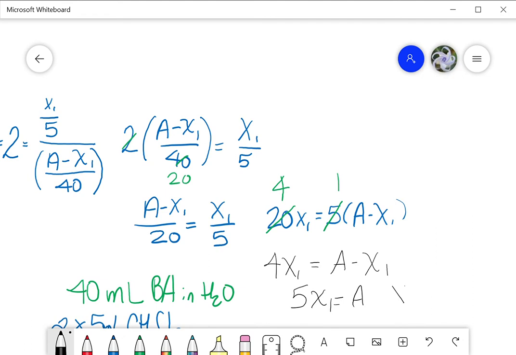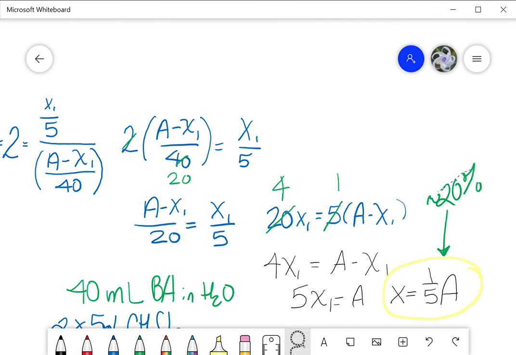So we get x1 equals 1/5 A. So we can draw a conclusion that using the first extraction, 20% of our benzoic acid will go into the organic layer from the first extraction.